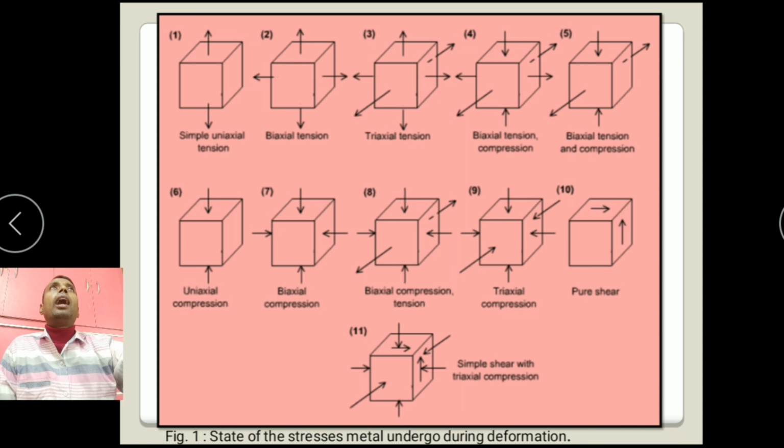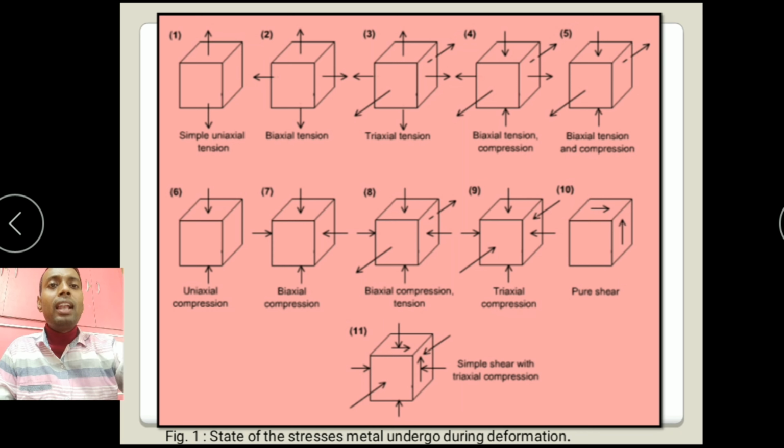So many stresses or forces are applied when deformation process actually takes place. So what is that actually? Simple uniaxial tensile force. I think all of you know the basic difference between tensile force and compressive force, shear force, each and everything. I do not discuss it here.